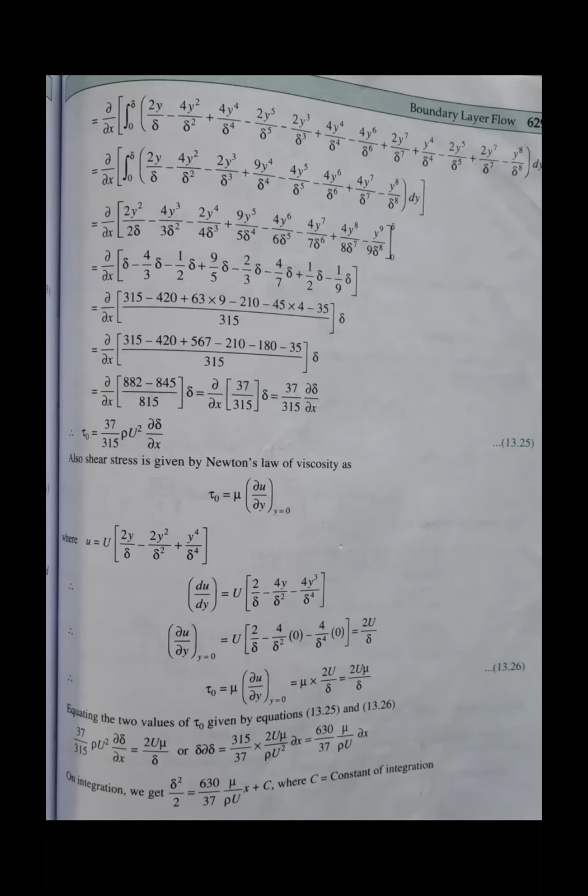And in terms of Reynolds number, where Reynolds number is defined as rho UL by mu, you can find it. So in that way, you can do more complex problems given in the book, as well as more complex problems given in the examinations. Okay, I close this.